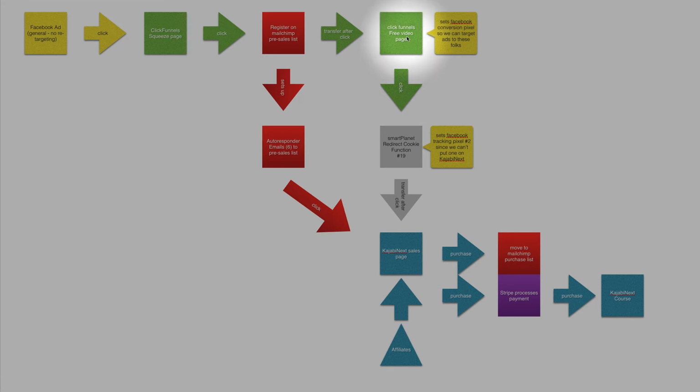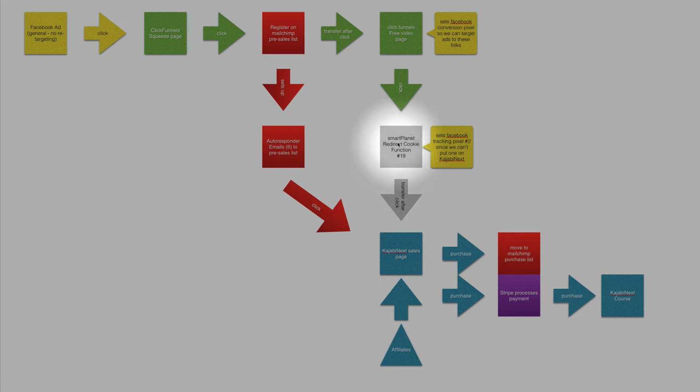With the way ClickFunnels is set up, you can put a Facebook tracking pixel on that page and you find out who landed on that page. But I do not have that same function on KajabiNext. Kajabi didn't give us the functionality to add that code, and I don't own KajabiNext, so I'm stuck. I don't have a way of doing that.